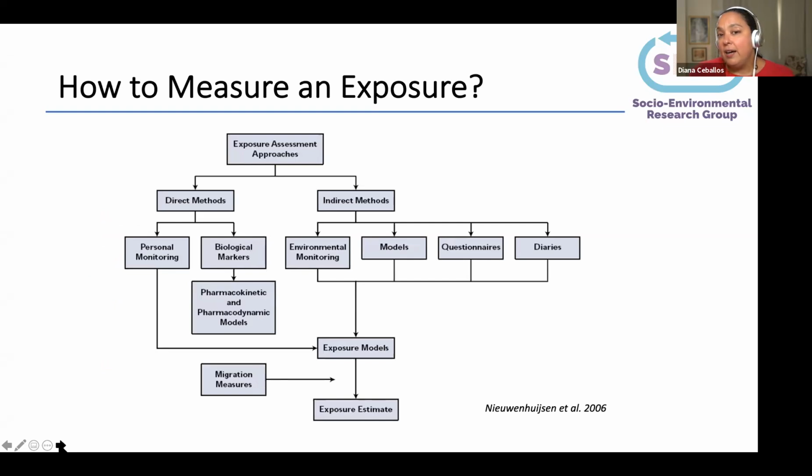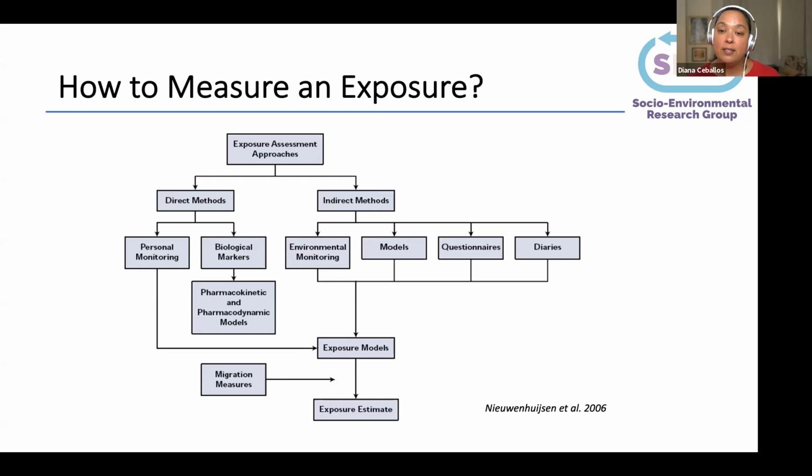So now, the next step is to understand if we have the ability to measure exposure directly. So for example, doing personal monitoring of a person, using a badge that measures the solvents in the breathing zone, or we want to do biological markers. Say, for example, we want to take a blood sample of the solvents, or we really can't do that, and we may need to do something more indirect, but maybe enough.